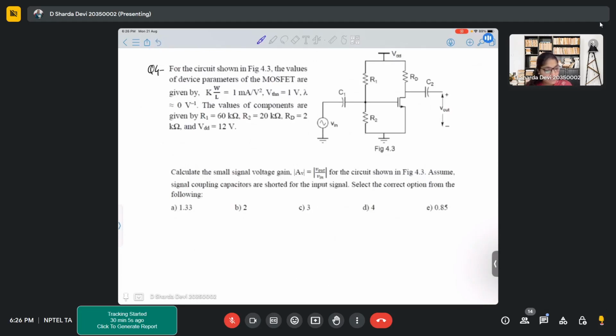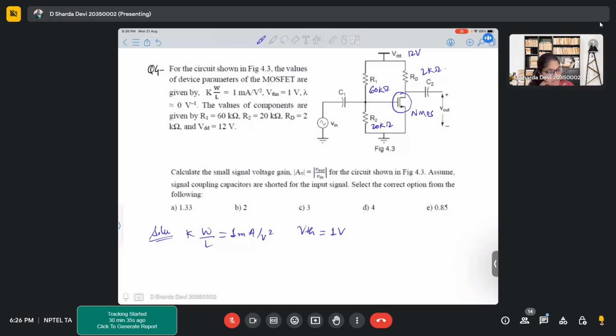In this problem, you have again got this particular circuit. Here R1 is 60 kilo ohms, R2 is 20 kilo ohms, RD is 2 kilo ohm, VDD is 12 volts, kW by L is 1 milliamperes per volt square, VTH is 1 volt, it's an NMOS.